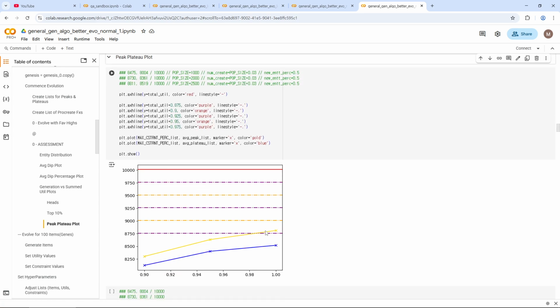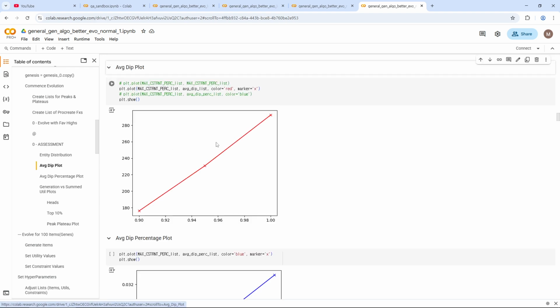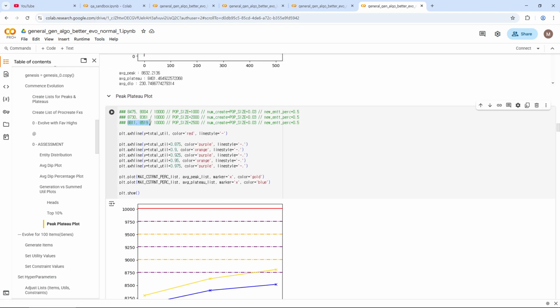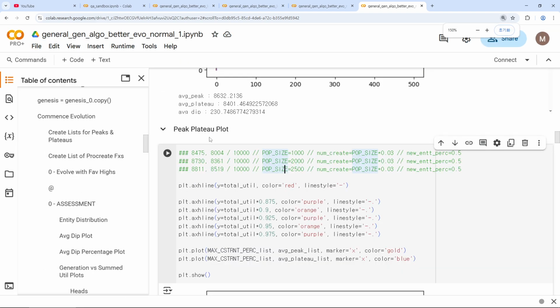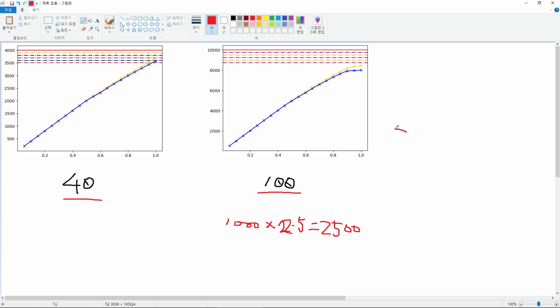This is hard to directly compare, however, these are the values that I got: 8811 and 8519, compared to 8475 and 8004. So this is definitely bigger.